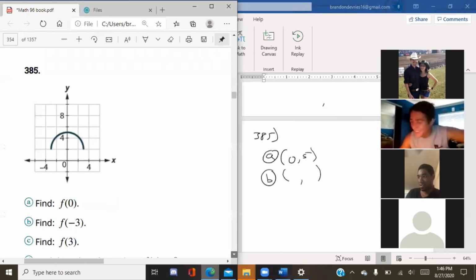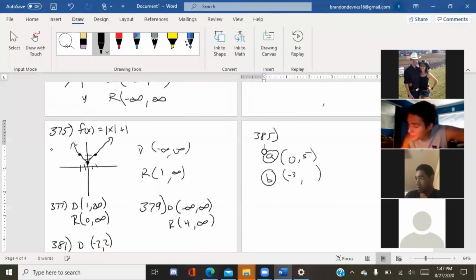And then so negative 3 would be right here. So it'd be negative 3, comma 2.